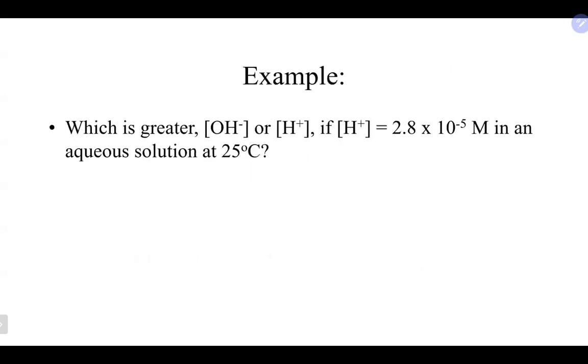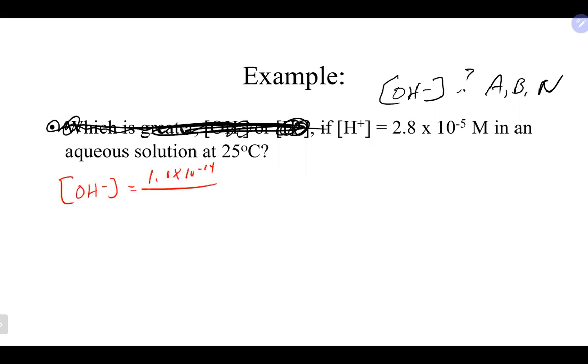All right, let's try one more here. Let's just calculate the OH minus concentration. And is it acidic, basic, or neutral in this case? And the minus 14 divided by our H plus concentration in this case.